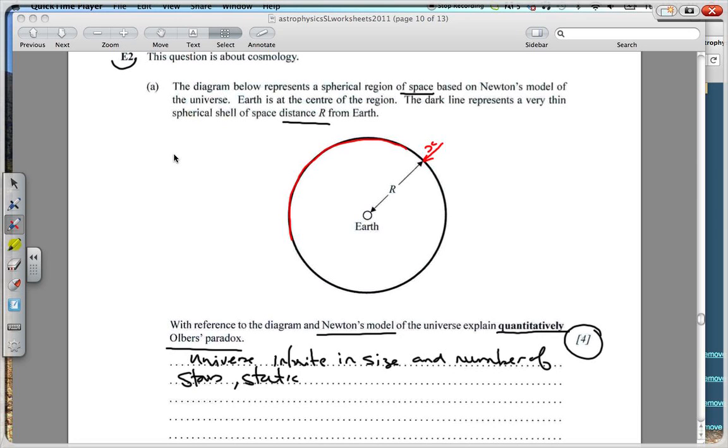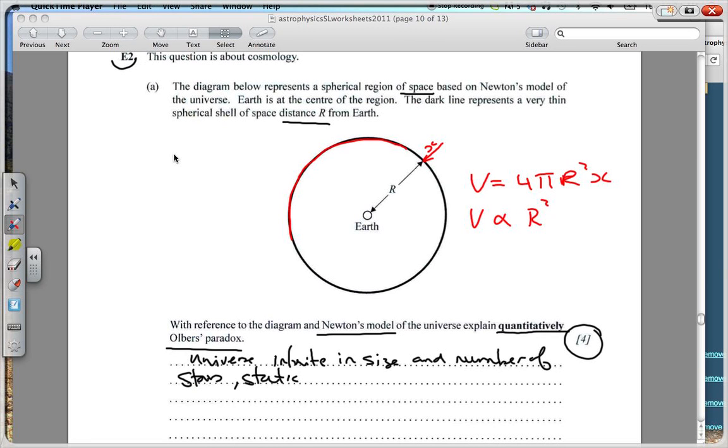We know that the volume would equal 4 pi r squared, which is the surface area of the inner shell, times the x, and so the volume is proportional to r squared.